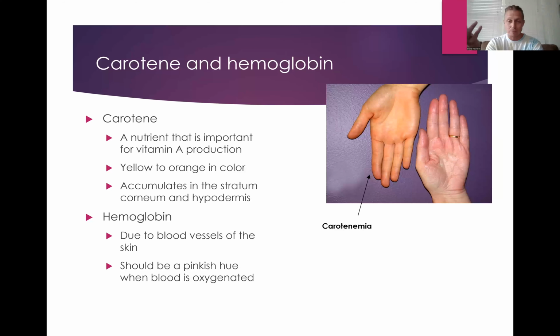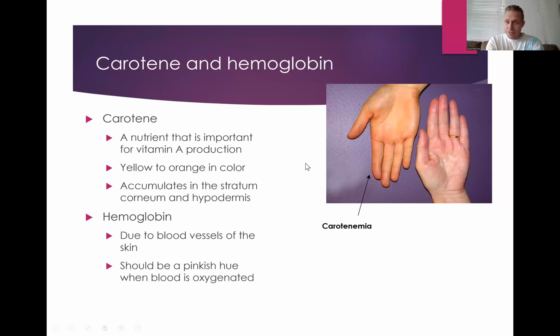A lot of times, if people eat a lot of carrots, they will get this orange glow to their skin because of the carotene in carrots. We have a term for that. It's called carotenemia. You can see that here, this person had a high carrot diet, and you can see that they had a little bit more orange undertones versus this person that has more of a pink undertone because of the blood that is running through their skin.